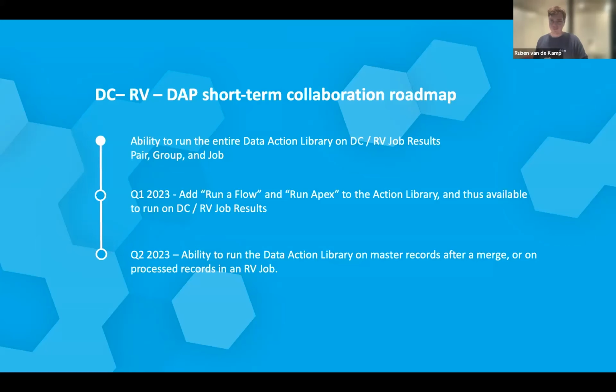And as a last step, we are going to offer the ability to run the DUP actions only on master records. So you run a duplicate check job, you run your merges. We're going to keep track of all the merges and what the master records eventually are. And then we're going to give you the possibility to do a follow-up action on the master records.